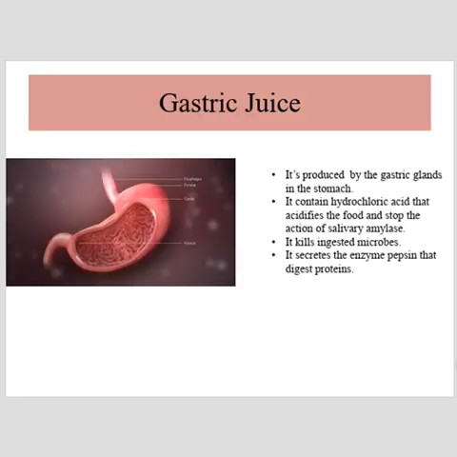Now, the second juice is the gastric juice, which is produced by the gastric glands in the stomach. First, it contains hydrochloric acid that acidifies the food and stops the action of salivary amylase. So the gastric juice stops the action of the salivary amylase that is secreted in the mouth.